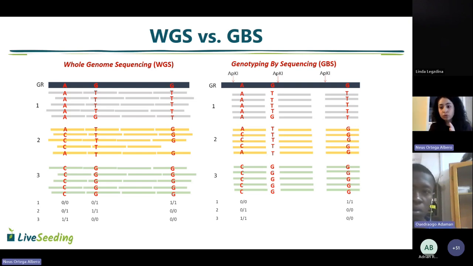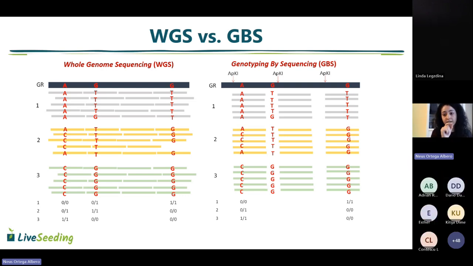We need now to see the differences between whole genome sequencing and genotyping by sequencing. We have different technologies to obtain genetic information. The first, as we all know, is the sequencing of a whole genome in any crop. But there are other technologies to obtain genetic or genomic information. For example, genotyping by sequencing only sequences one SNP, one base, each X number of bases.